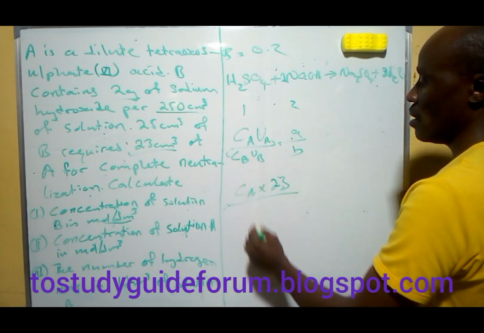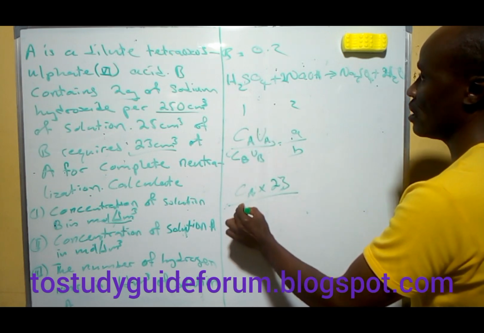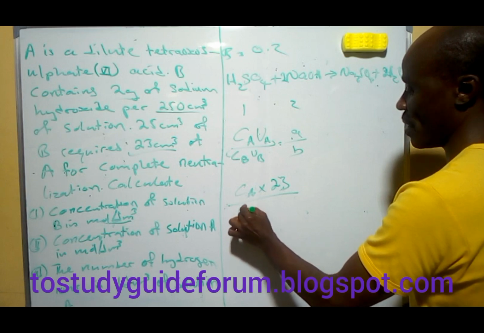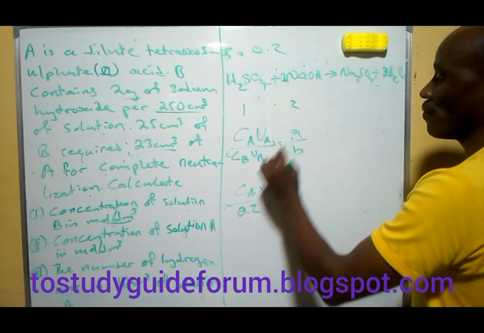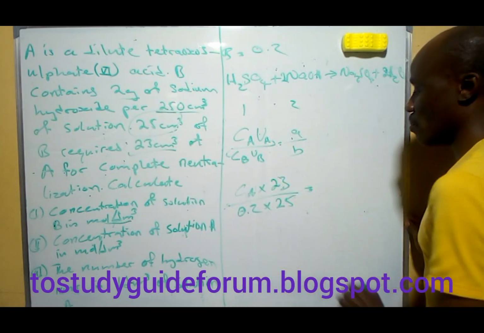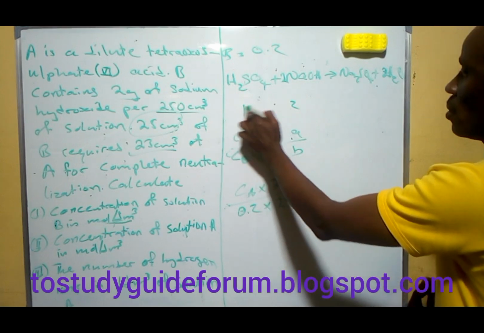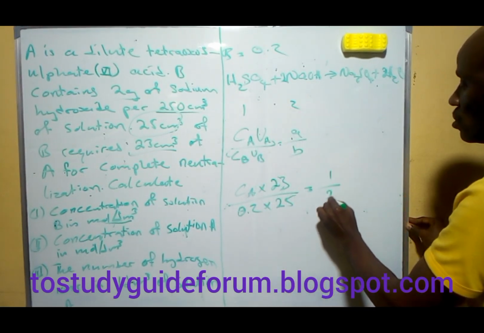The concentration of the base, B, is 0.2 mole per dm cube, times the volume, which is 25 cm cube. The ratio of A is 1 and B is 2.